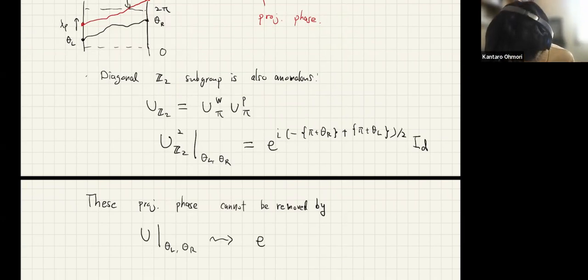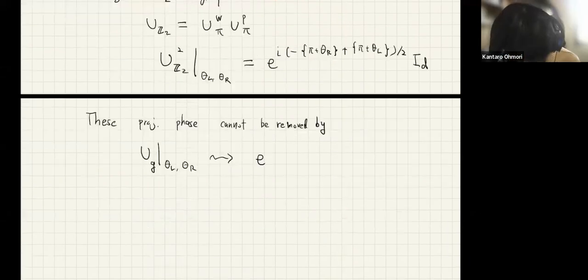Let me generally call G some element of the group. You modify this, but you want the modification to be local.